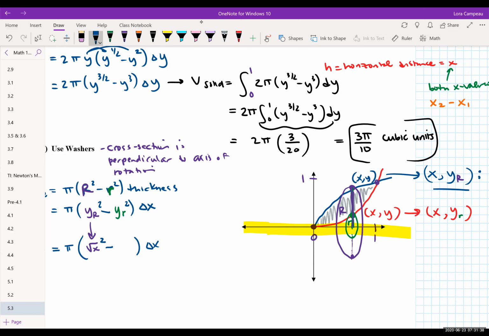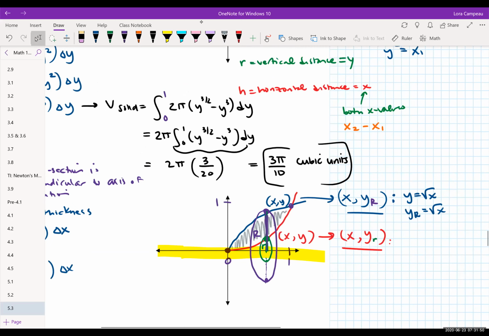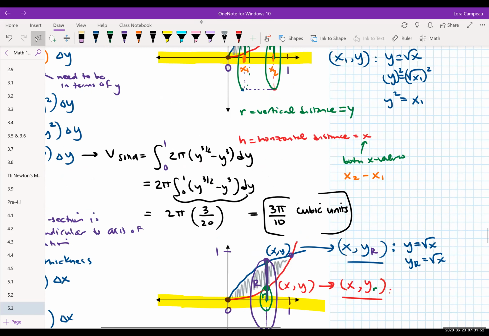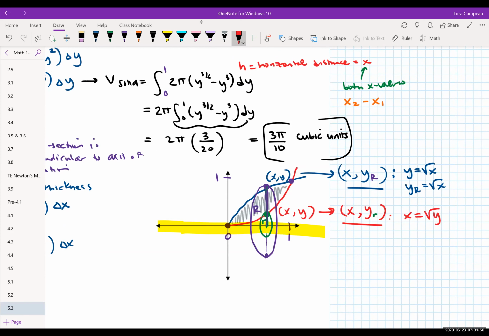Okay, same situation. We are now going to look at our red curve and understand the equation of what point that is on. That is x equals square root of y. If you write it in terms of x and y, that's the point.